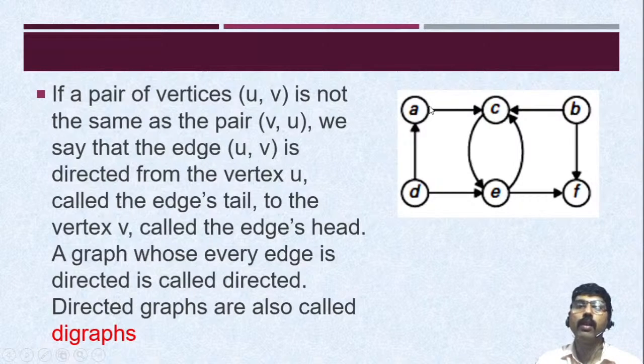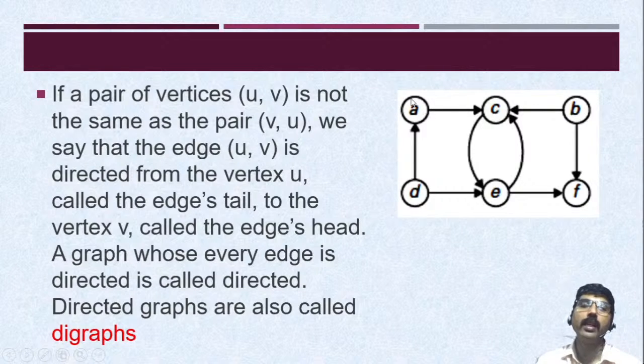This part is called the tail, and this part is called the head. In a simple way, if A is one city and C is another city, and there is a path between them, I can travel only from A to C using this path. I cannot go backward.